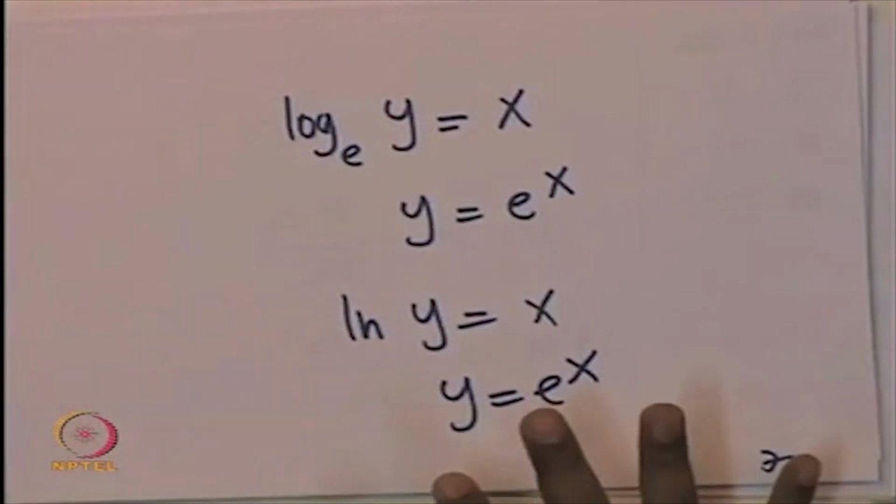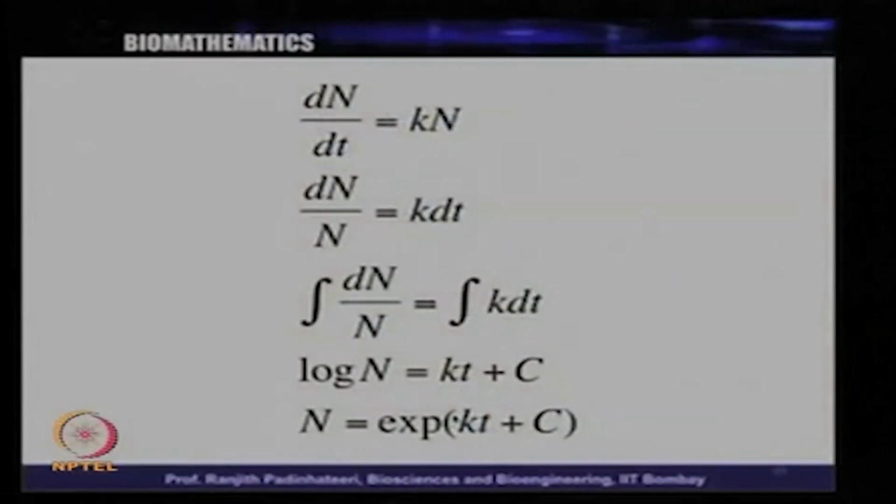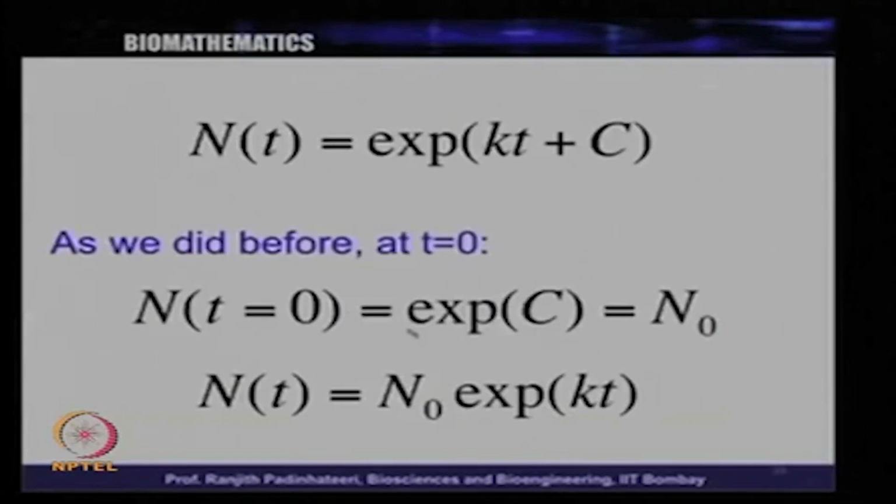So, keeping this in mind, we end up with this answer, that is log n. If log n is equal to kt plus c, as we have it here, we can say n is equal to e power kt plus c. Now, what is c? Let us have a look, as before. We have n, the number of bacteria, as a function of time.